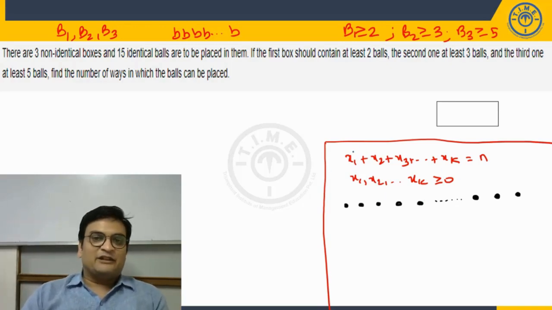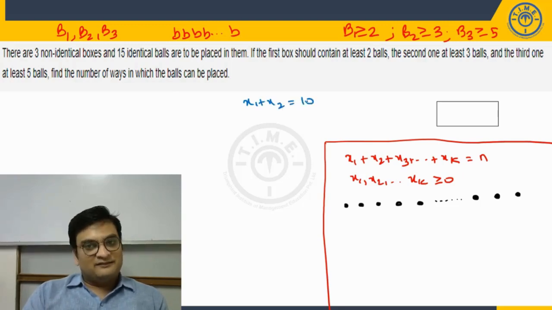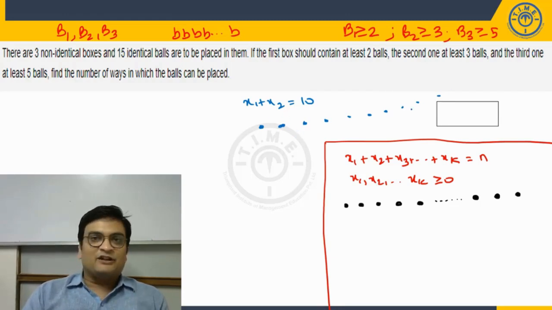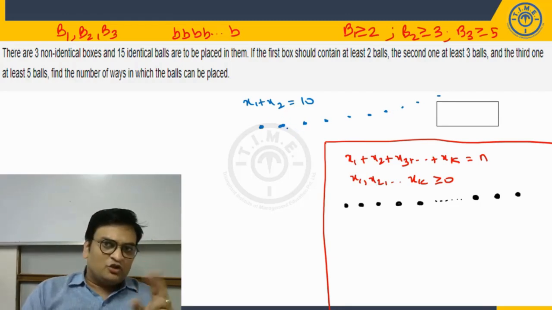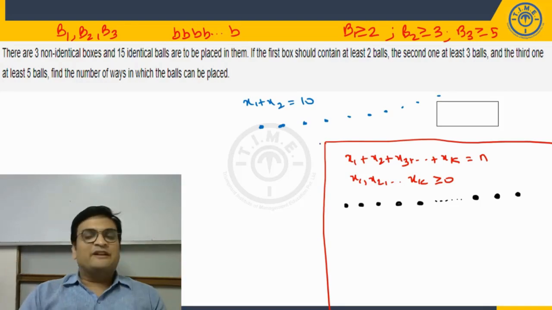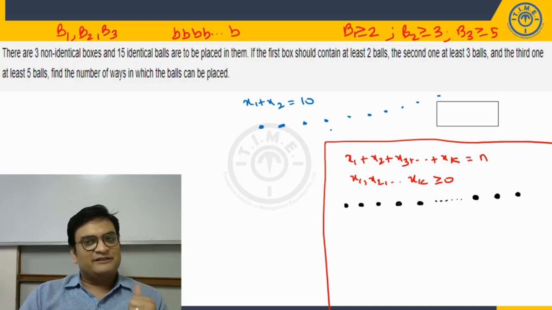So for example, if I take a numerical value, observe this, if I take x1 plus x2 equal to 10 as a discussion point, I have 10 identical objects. Now my job is to divide this string of 10 identical objects into 2 pieces, 2 parts. Now the way to do it is placing some partitions, or you can simply cut this string. So let's take the case of placing partitions.